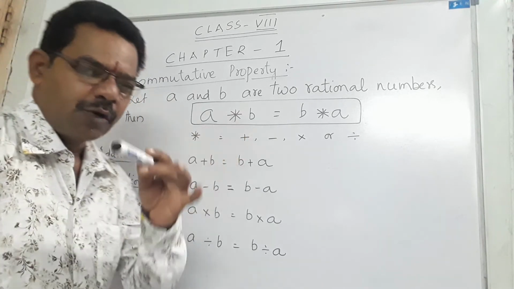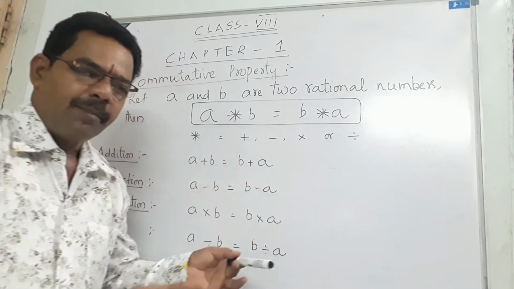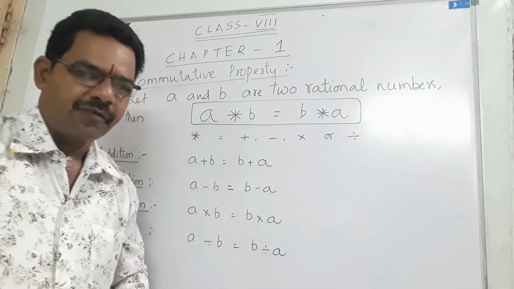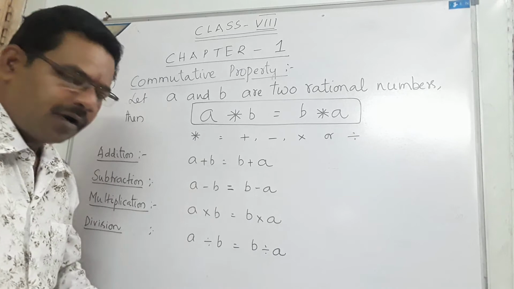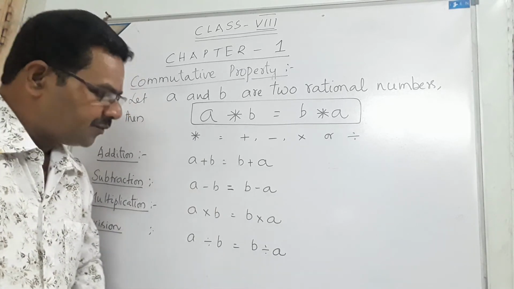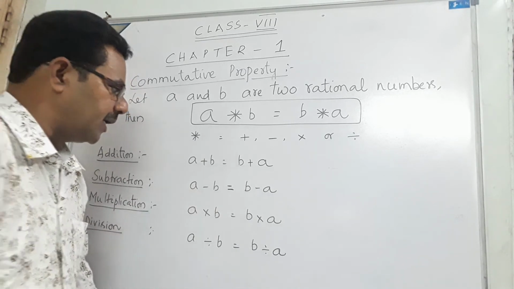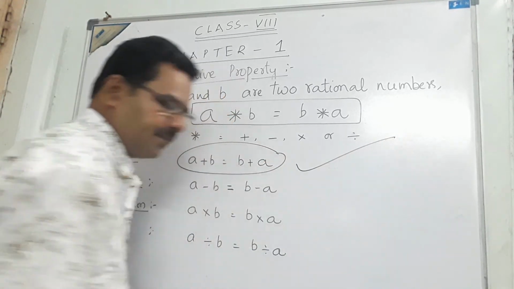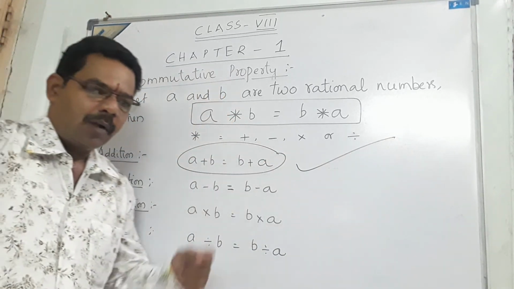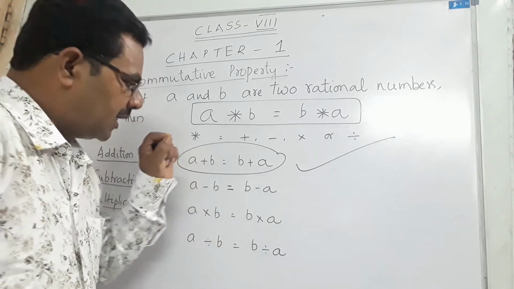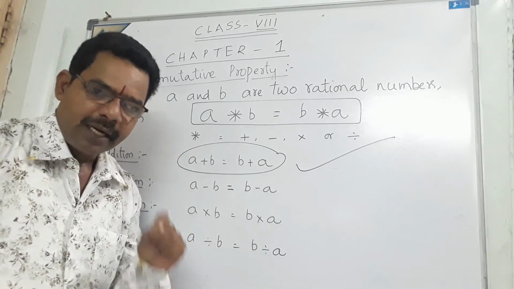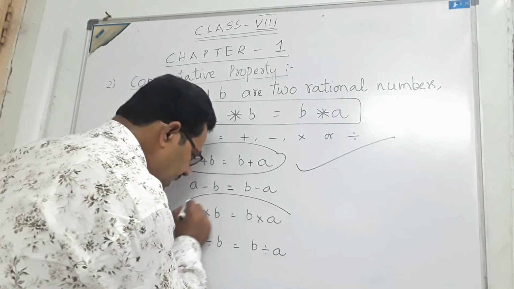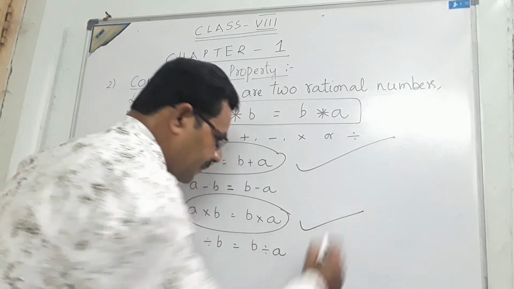But I think you observed all the basic mathematical operations which I have given you. Which are following and which are not following, we have to keep in our mind. Addition, it is following, yes. The commutative property is following in rational numbers under addition, and at the same time multiplication.